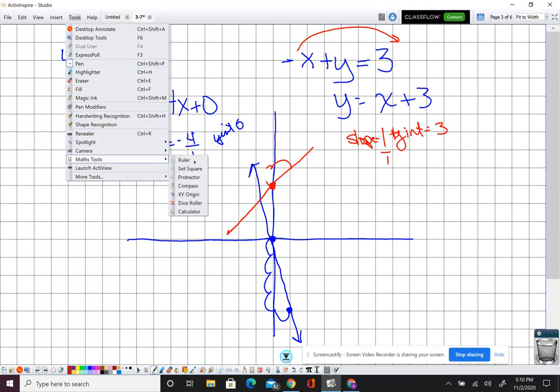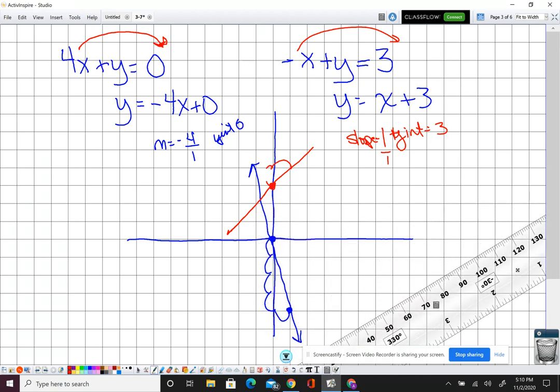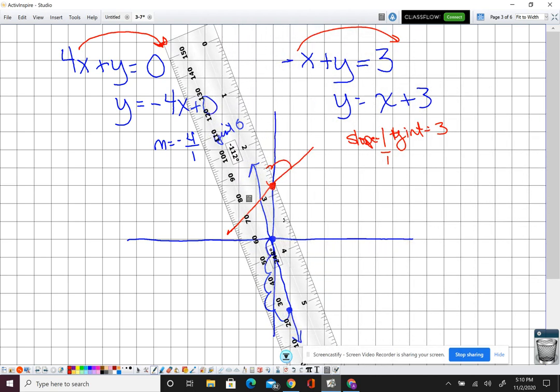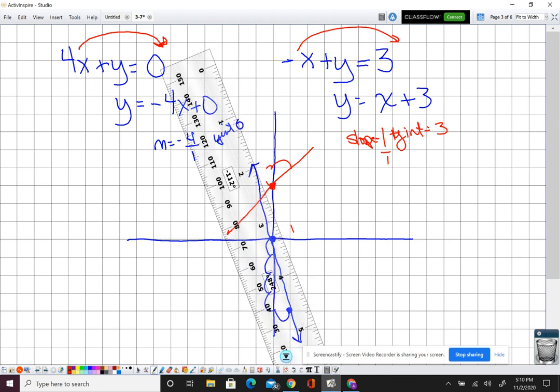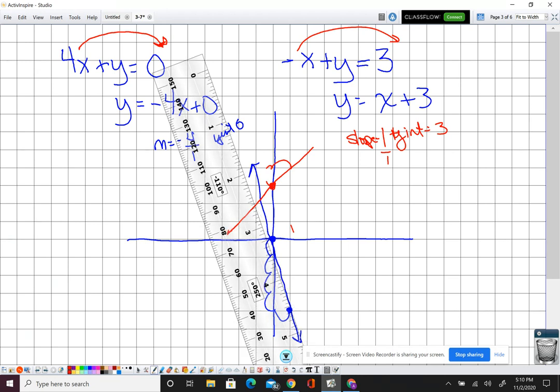Math tools, there we go. Ruler. If I place this ruler at 0, 0, rotate it some more back there.